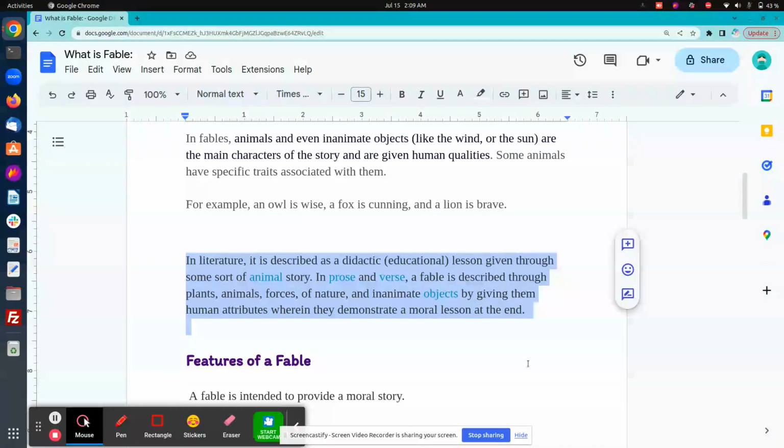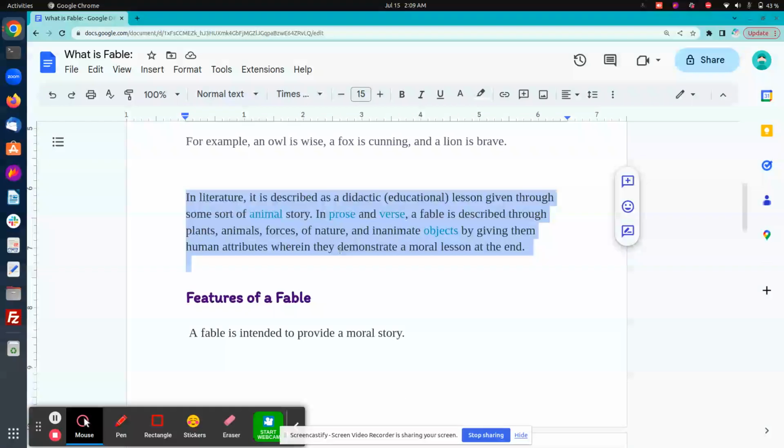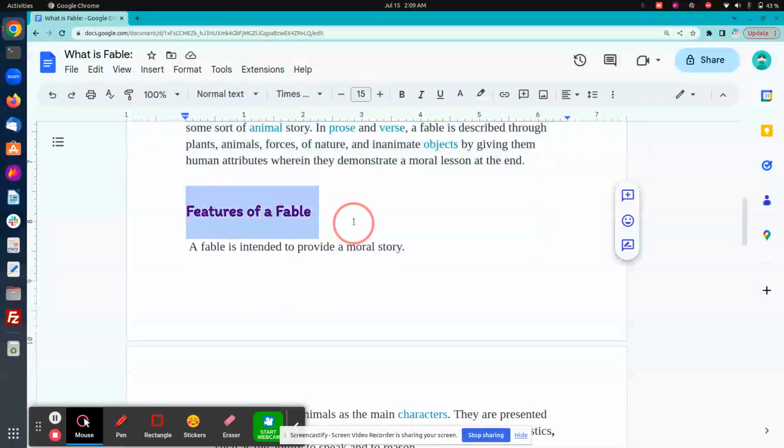In prose and verse, a fable is described through plants, animals, forces of nature, and inanimate objects by giving them human attributes, whereby they demonstrate a moral lesson at the end. So what you have to understand is that they are given human traits in a fable.